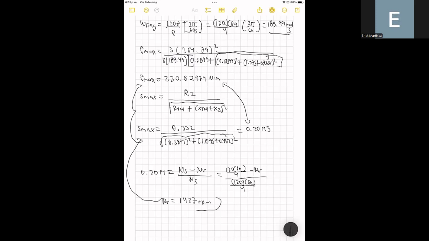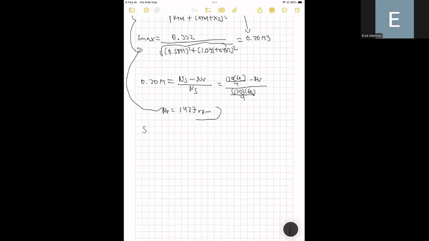Now another point that the problem was asking us to compute is the starting torque. How can we compute this starting torque? Basically it refers to when the motor begins to operate. But we know that when the motor starts to operate, the rotor speed is equal to 0. So the slip at this point, if the rotor speed is 0, is the synchronous speed minus the rotor speed divided by the synchronous speed.